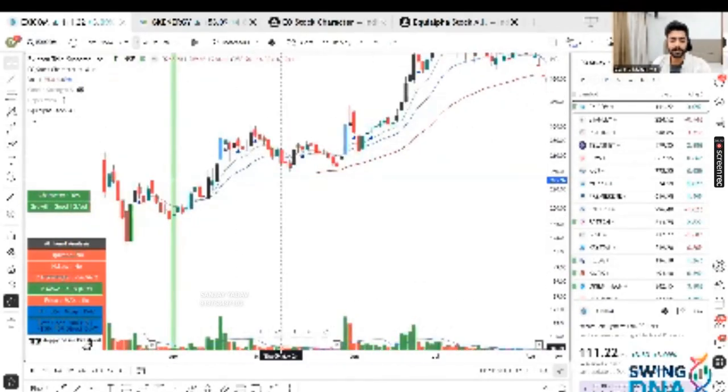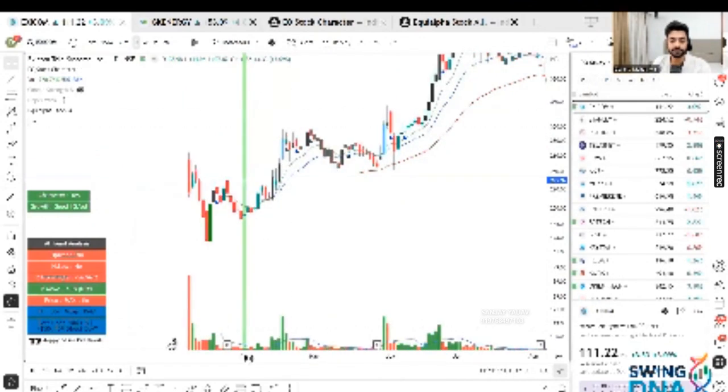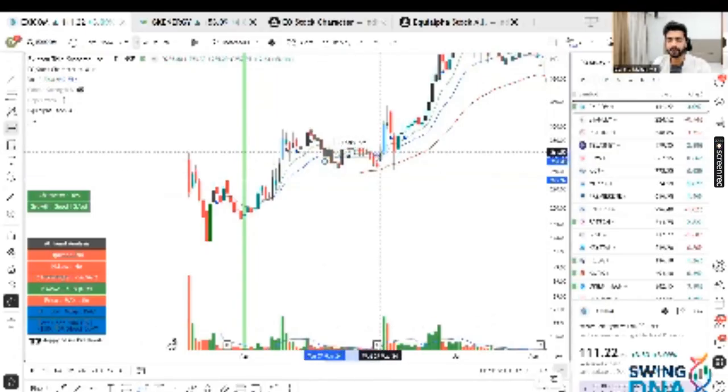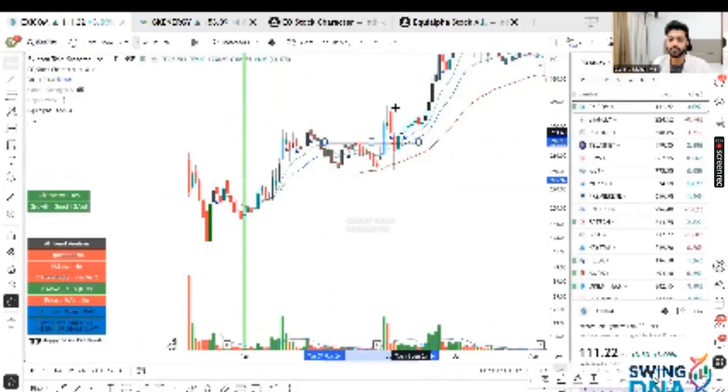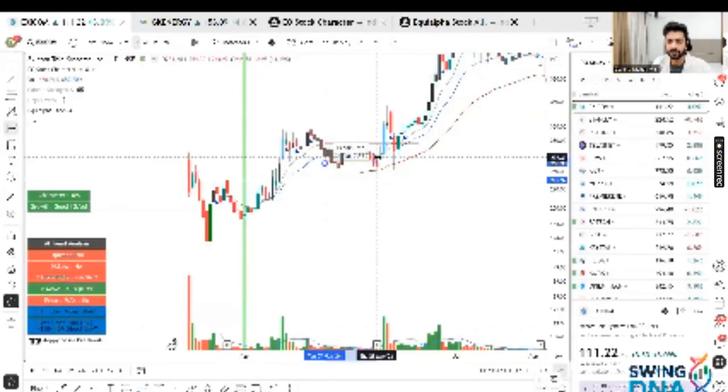It starts forming another base after this initial move. So again, let's see how much time was here. 15, 16, yes, fine. So this is kind of an up and down base. Okay, you have 15, 16 sessions up here, enough.